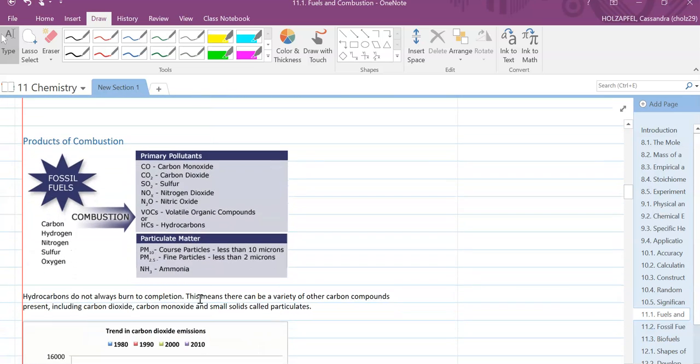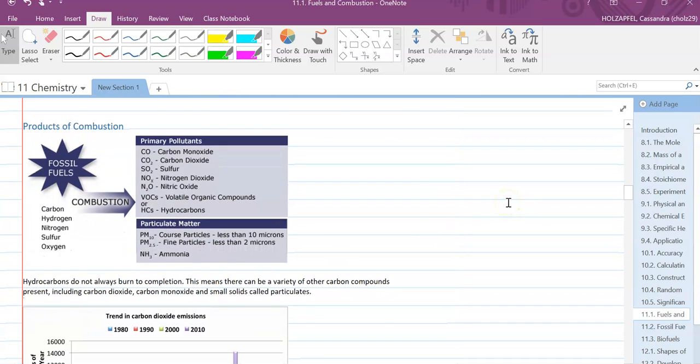So, products of combustion. This is where a lot of the controversy lies with using fossil fuels, in the kinds of products that they produce as a result, because they don't always burn perfectly.